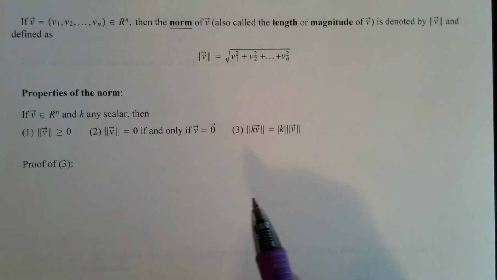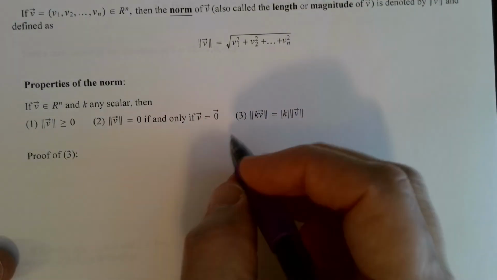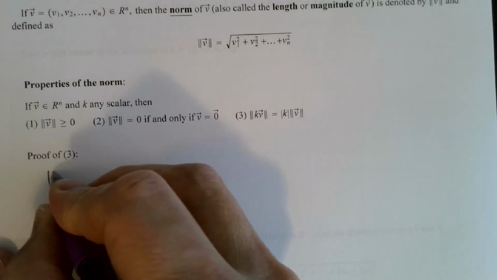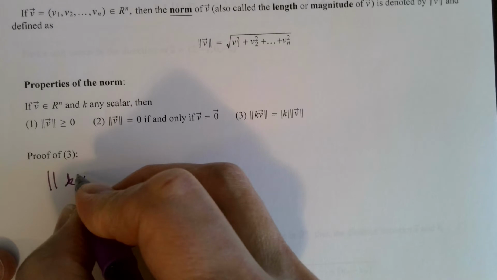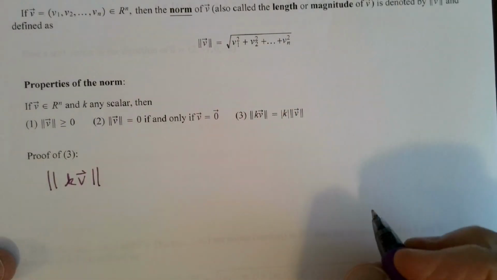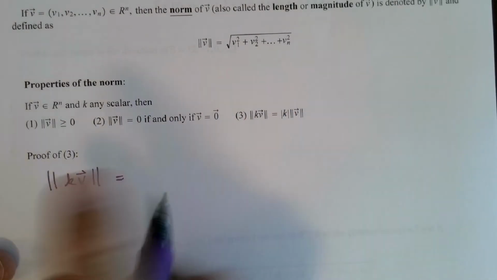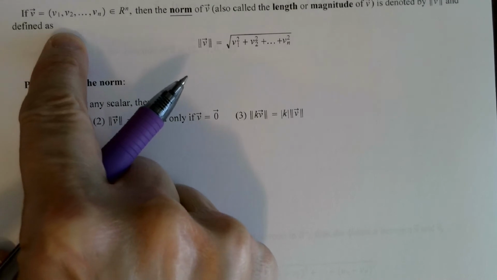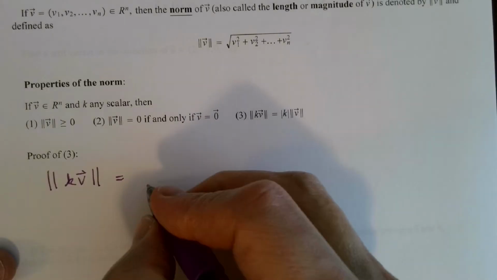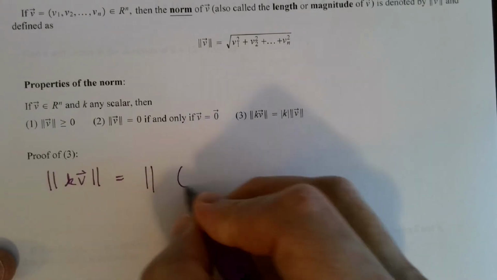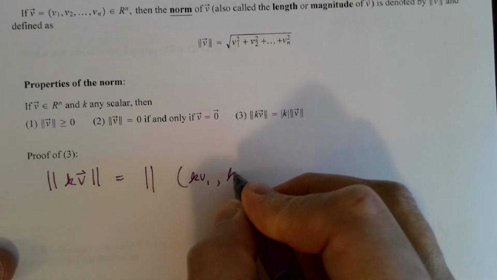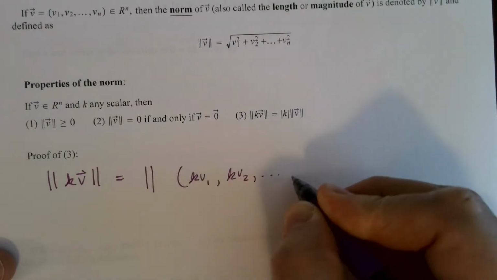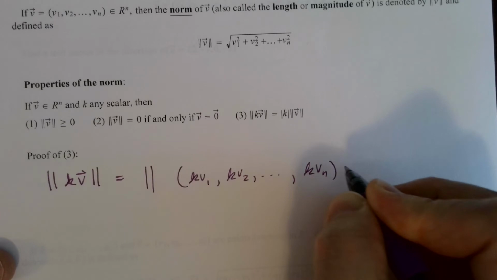Let's actually prove why this is true, and we'll do number 3 here. When I take a look at this expression, if we think of v as having n components, then this is the norm of k v1, k v2, all the way to k vn.